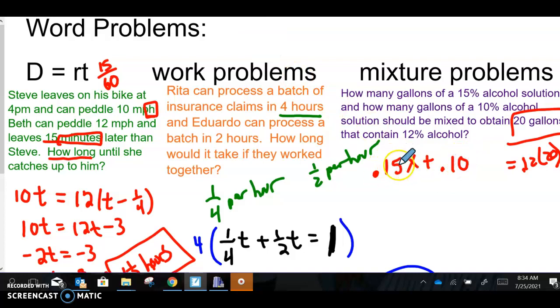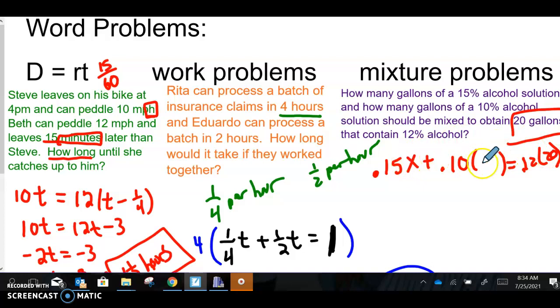So I have 15% of I don't know how much, plus 10% of I don't know how much, equals 12% of 20 gallons. Well, let me tell you this. If I have 5 gallons of the 15%, then I know for a fact that I have 15 gallons of the 10% because it has to add up to 20.